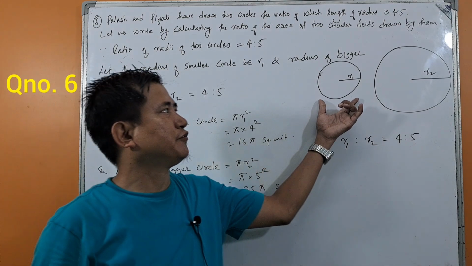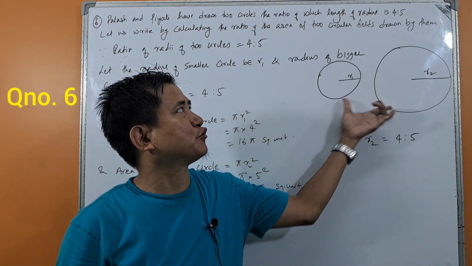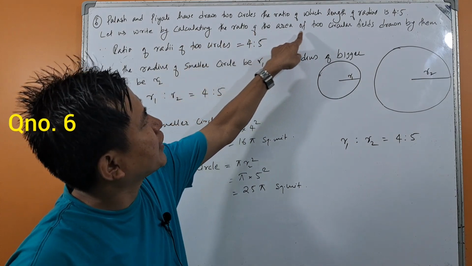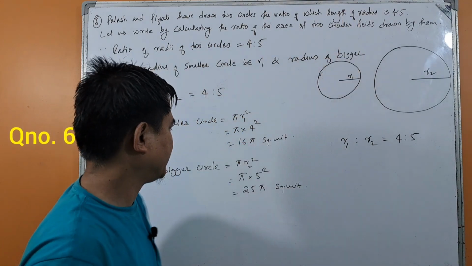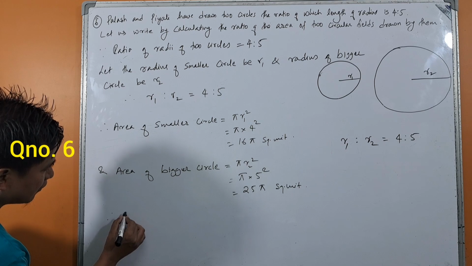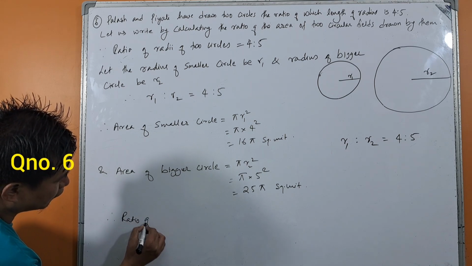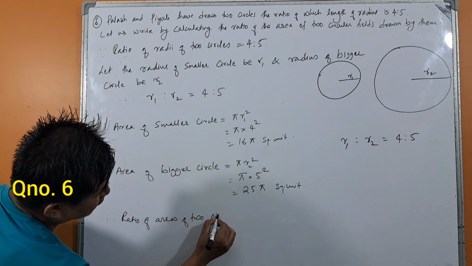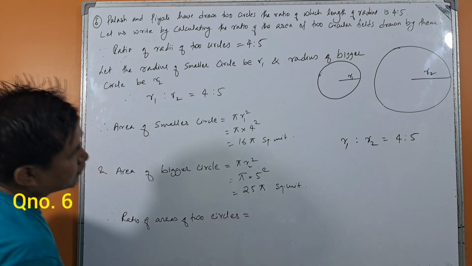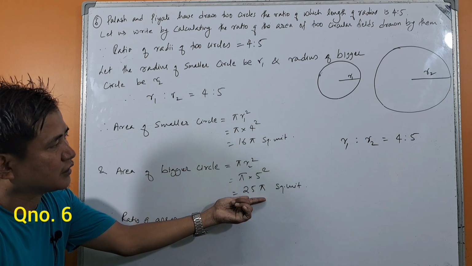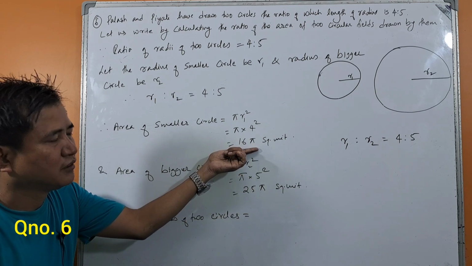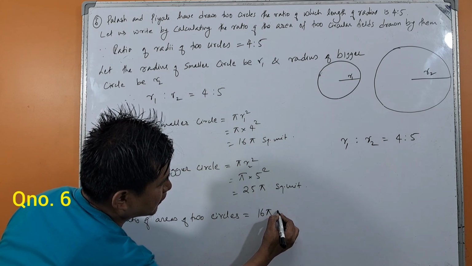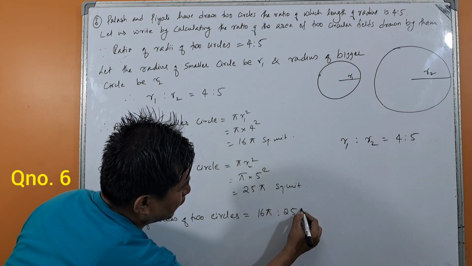We are asked to find the ratio of the areas of the two circles drawn by them. So the ratio of the areas of the two circles is equal to the area of the smaller circle to the area of the bigger circle, that is 16 pi is to 25 pi.